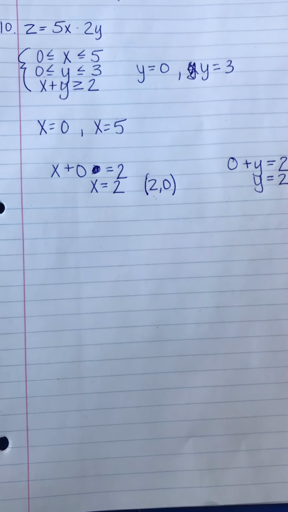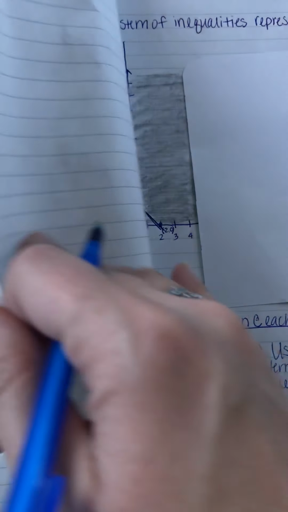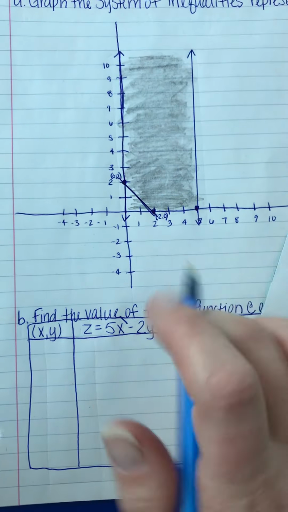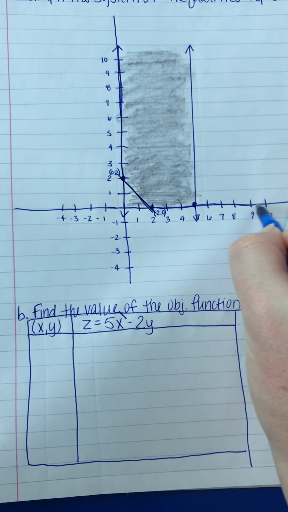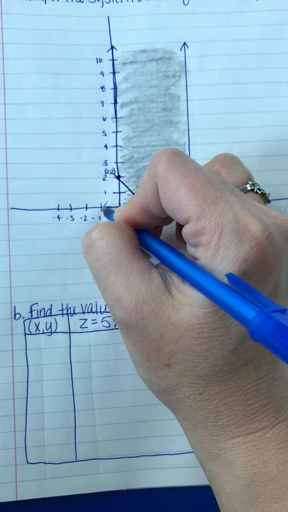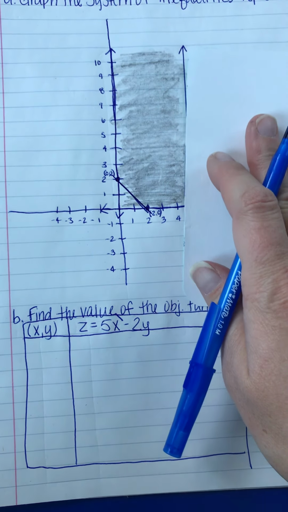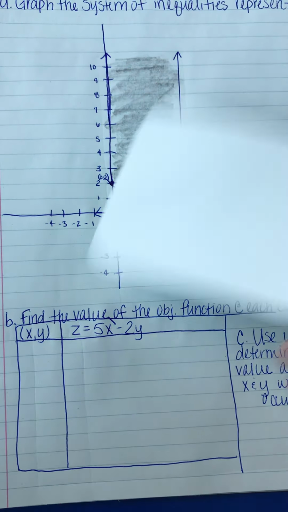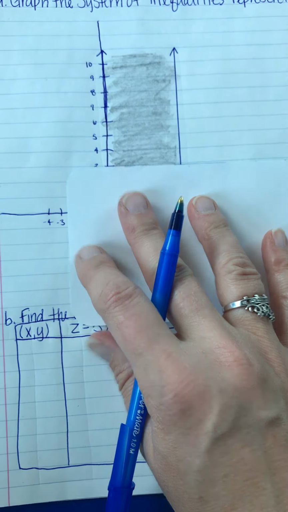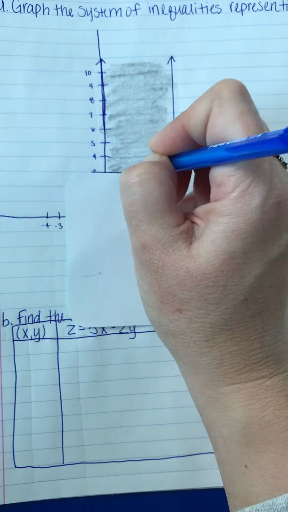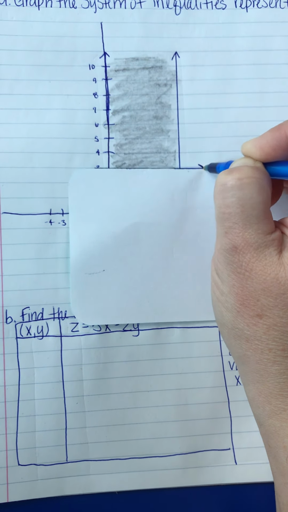So we will draw a line where y equals 0, which is this line right here. And then draw a line where y equals 3. So we will draw a line right through here.